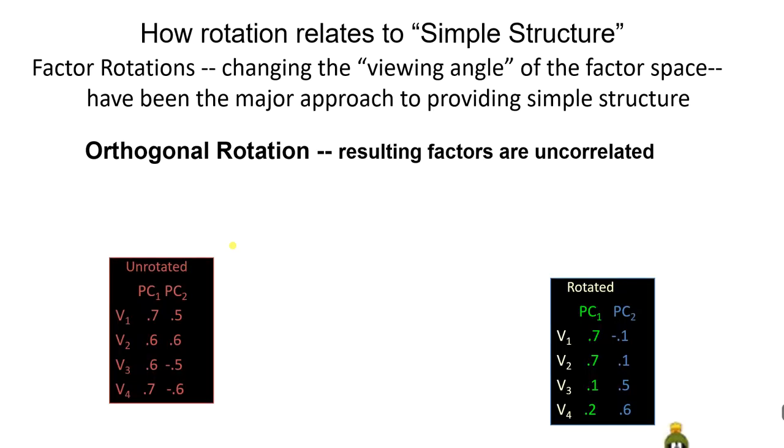So, in rotation, you may try to understand that we change the viewing angle of the vectors, we rotate the axis so that the unrotated factor structure becomes more interpretable.